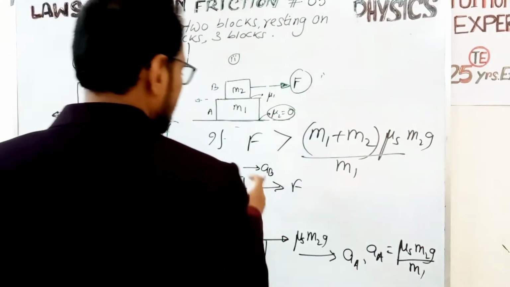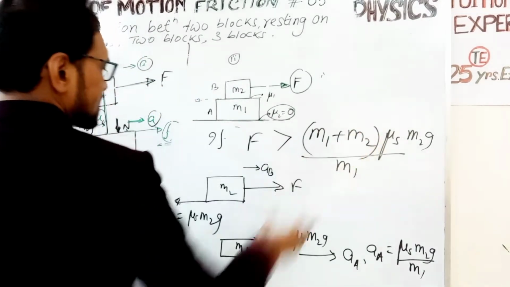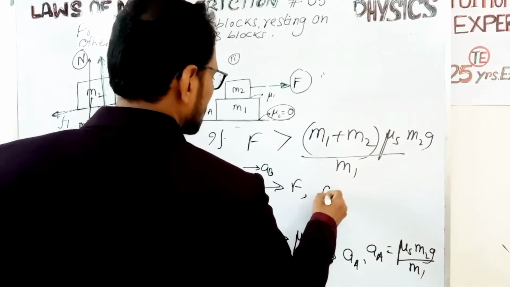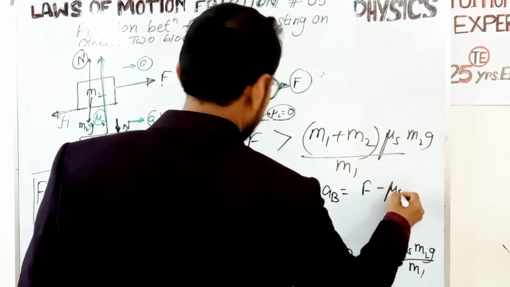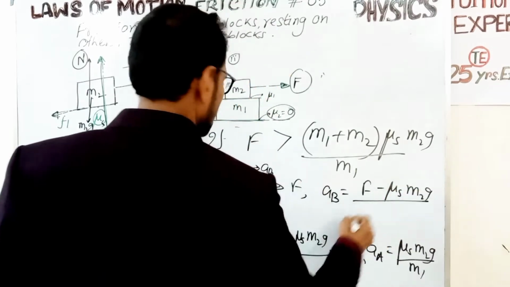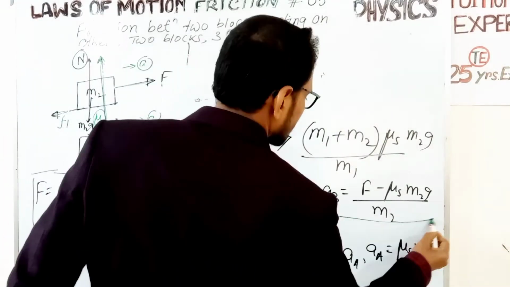And what is the acceleration of block B? If the force is greater than this value, a B equals net force F minus F1, mu s m2 g, divided by m2. So these are the accelerations of blocks A and B.